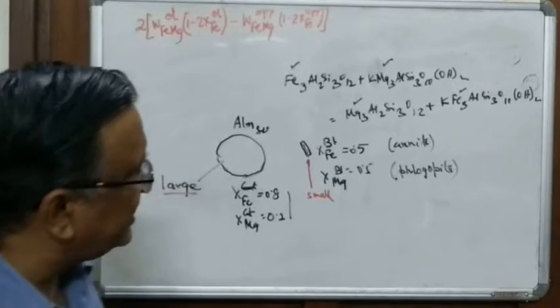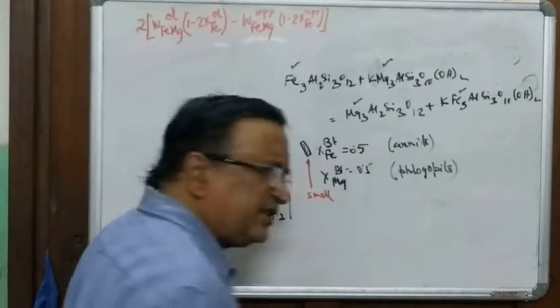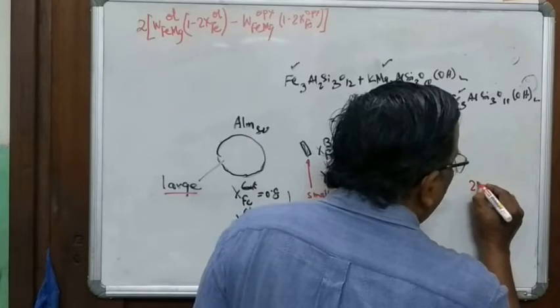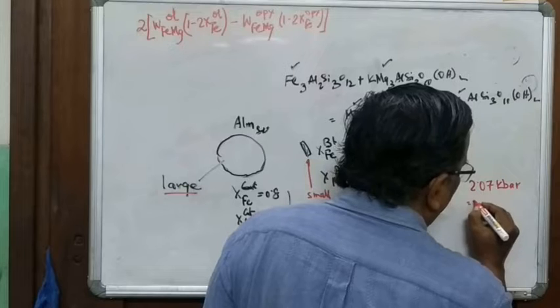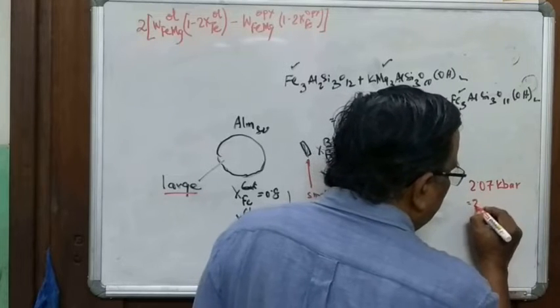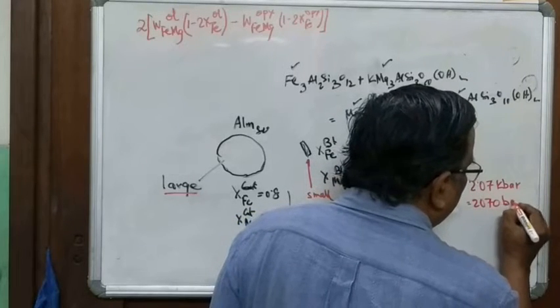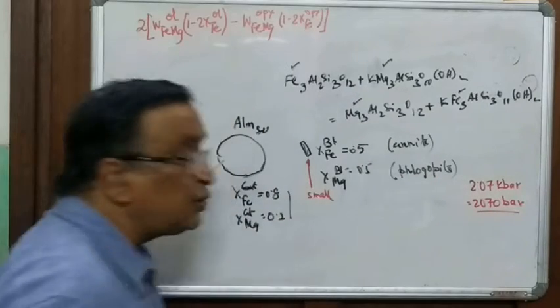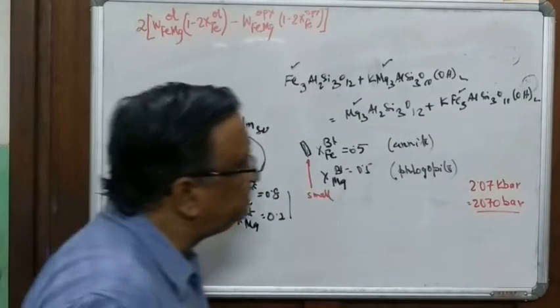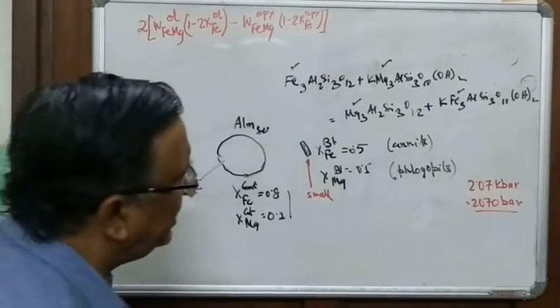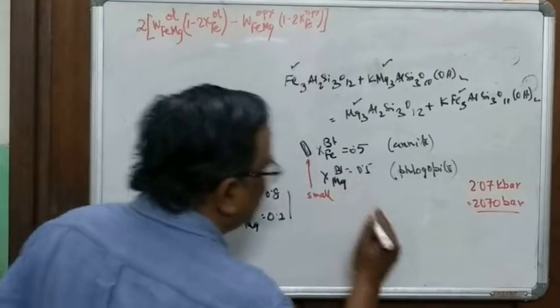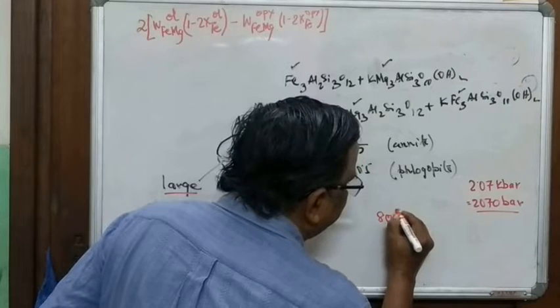They did their experiments at 2.07 kilobars. 2.07 kilobars means times 1000, so 2070 bar. That was the pressure they took for the experiments. And the temperature they took, say for example, they equilibrated this at 800 degrees centigrade.